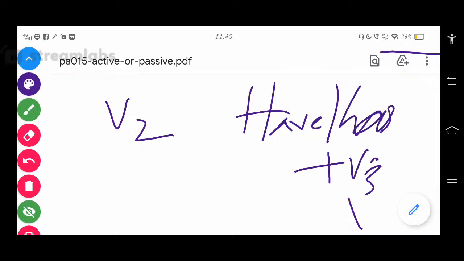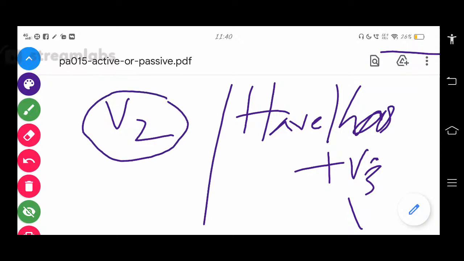Both the structures we use to express completed actions, whereas we use V2 to express an action in the past time when it is referred to as a remote past, or when a time is mentioned in the sentence.